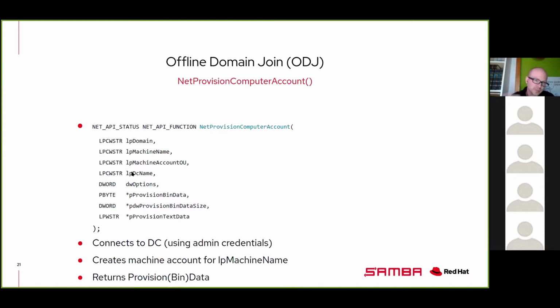If you want to contact a specific domain controller, it can provide multiple options that have some fine-grained control about the provisioning process. And then importantly, the output of that function, you either get this provisioning information in a binary blob, or you want to retrieve it as a text string, which is then a little bit more handy in order to exchange it, for example, via files mostly.